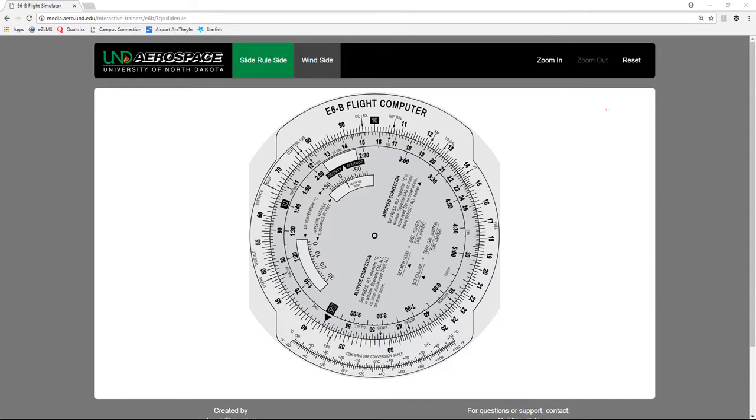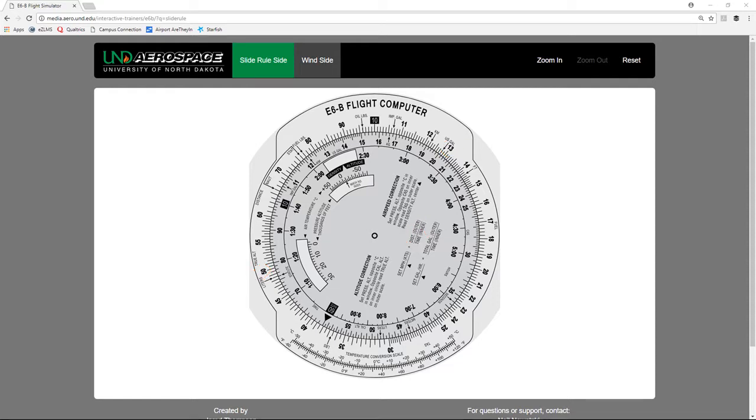So our speed is 130 knots, so we will use the number 13 on the A scale to represent 130. The distance is 0.5 miles, so the distance will also be on the A scale. Remember, there is that reminder right here on the face of the E6B. We will use the number 50 to represent 0.5 based on the concept of the floating decimal.